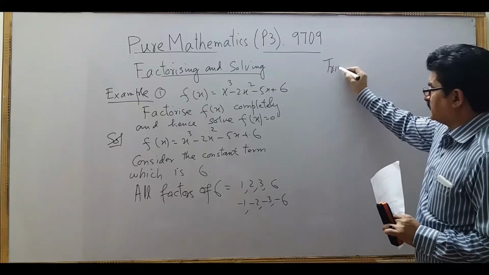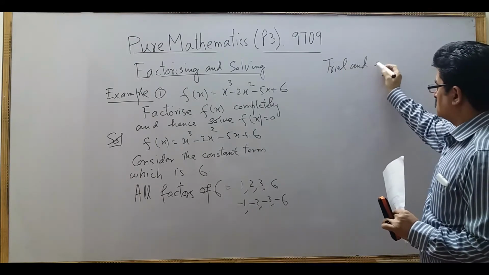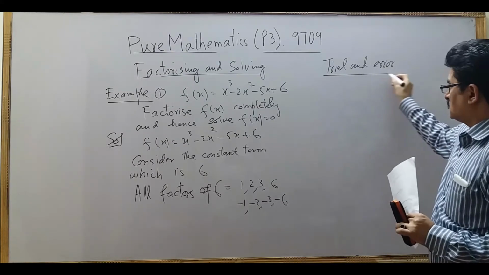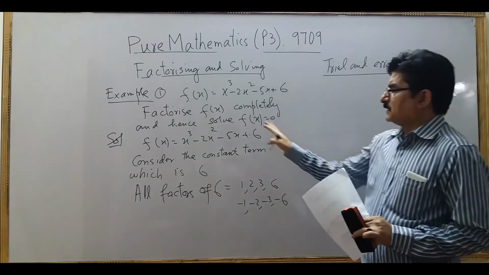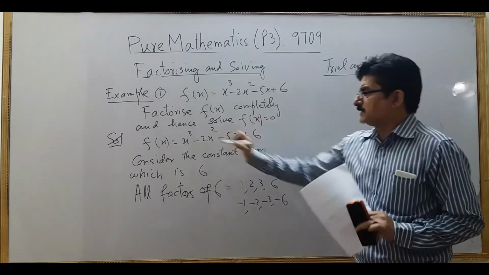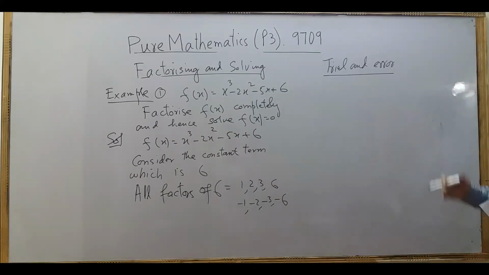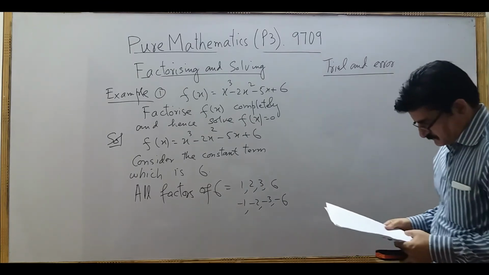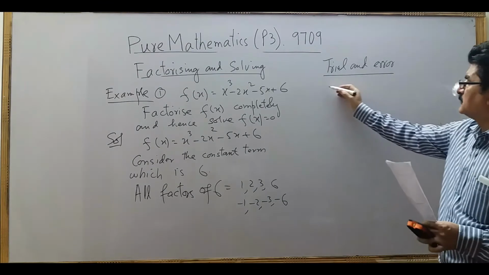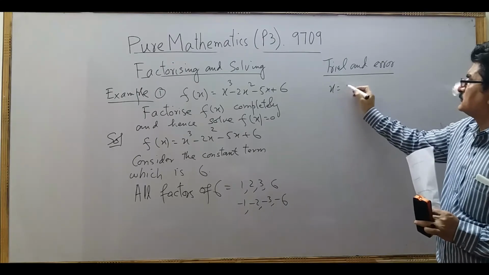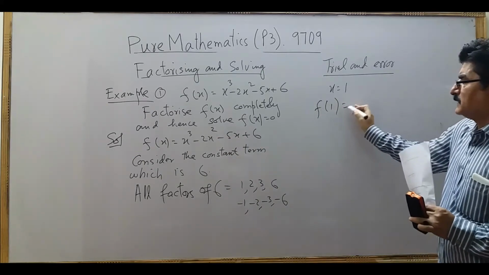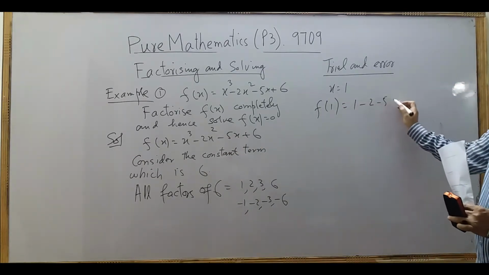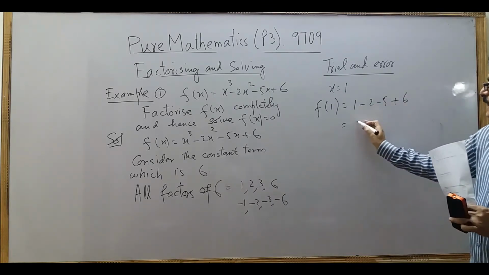Now by trial and error, we will substitute these values one by one into this polynomial, and you will see which value makes f(x) equal to 0. Now I check 1. Substituting x is equal to 1 in this equation, you will see that f(1) is equal to 1³ - 2 - 5 + 6, and this is 0.